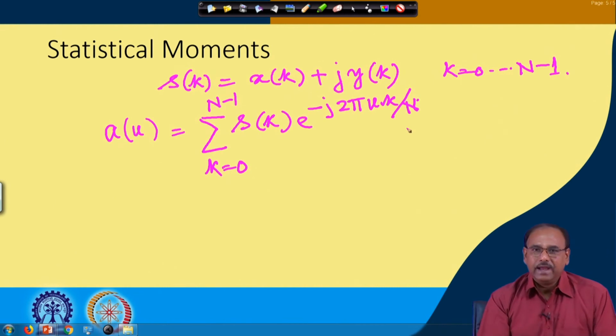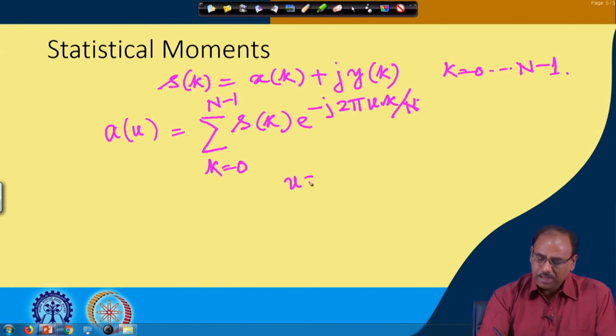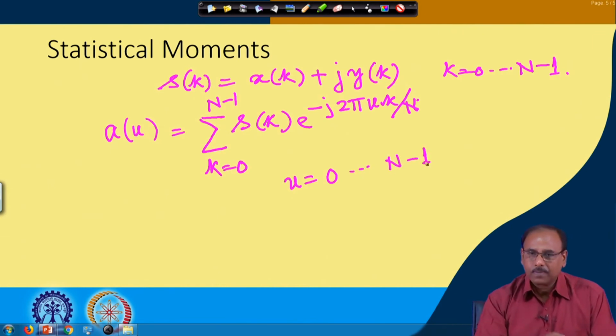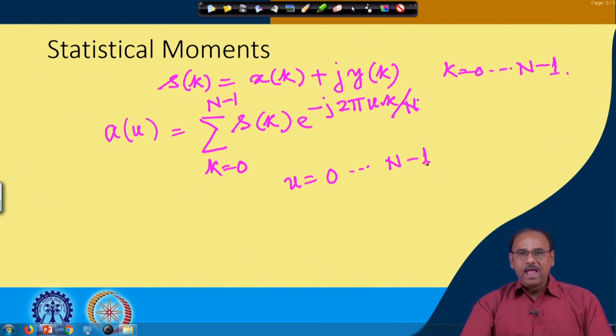And this I will get for all values of u varying from 0 to capital N minus 1. So, as I have capital N number of points in my sequence, I will also have capital N number of coefficients. And the magnitudes of these coefficients give me useful information of the shape of the boundary.